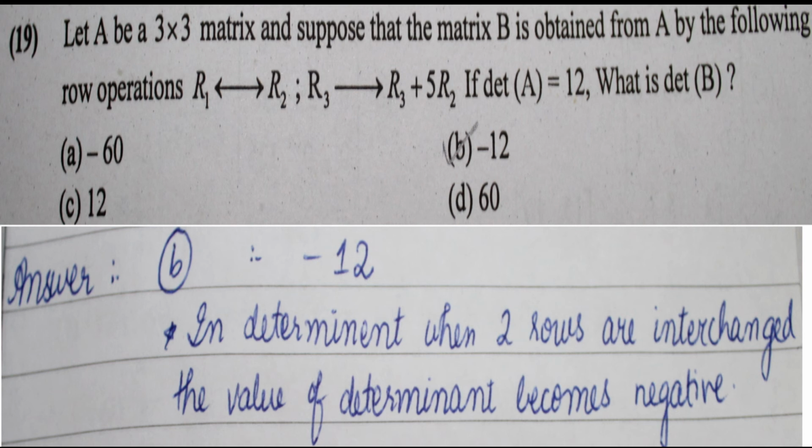They're simply telling you that the matrix B is obtained from A. So the determinant of A is 12. As they are interchanging, the determinant of B is going to be minus 12. When you interchange two rows, a negative sign is introduced. So option B, minus 12, is going to be the right answer.